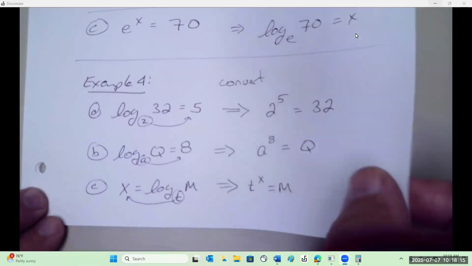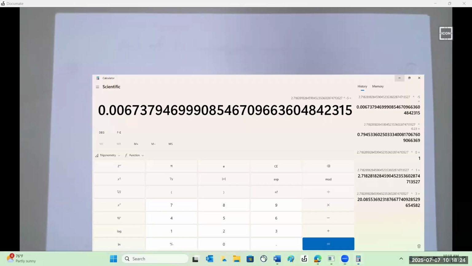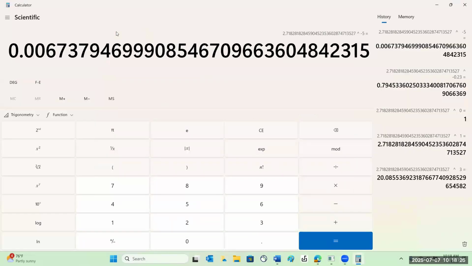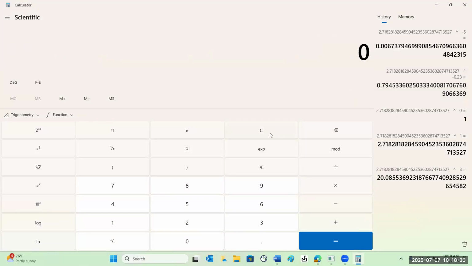Now, there are three different ways of writing these logarithms. If you notice in the calculator, the only things you see here are ln, log base 10, and e.